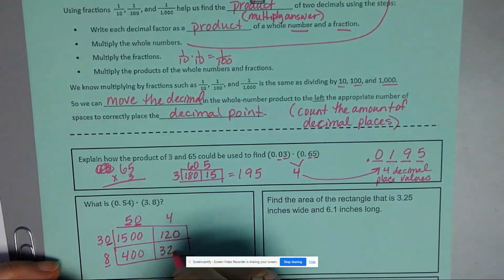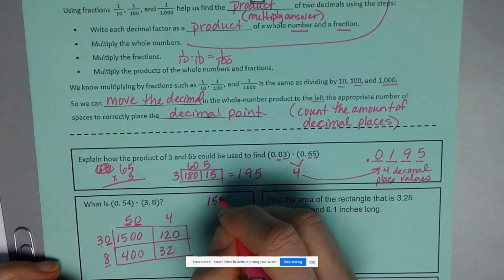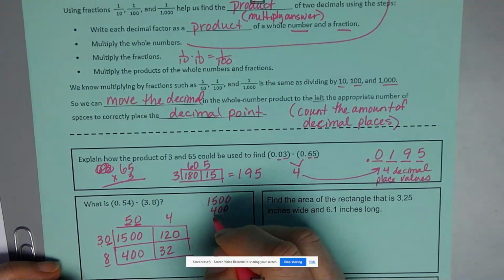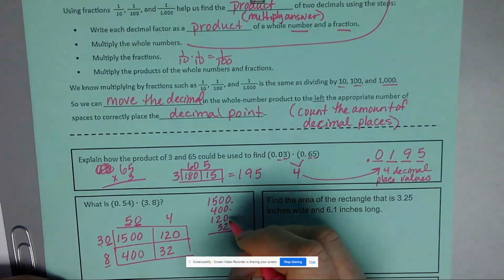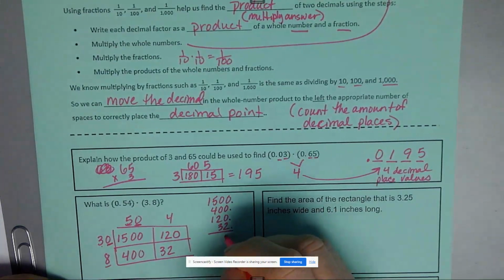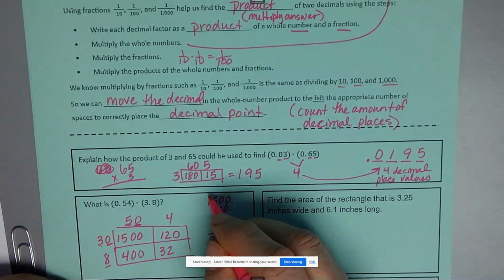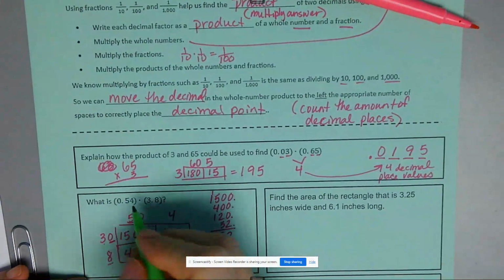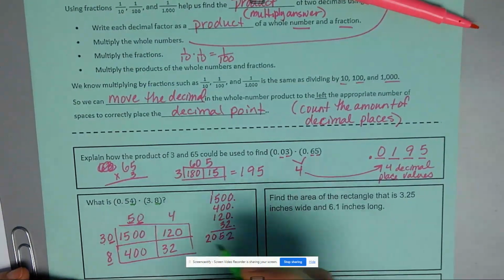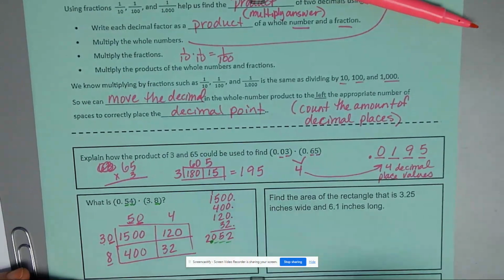And 8 times 4 is 32. 1,500 plus 400 plus 120 plus 32. Everything's lined up. So we are lining up our decimal. It's just an invisible decimal when we're adding. 2, 5, 10. And then I count. I have hundreds times a tenth is 1,000. I already know that. 1, 2, 3 is my thousandths.